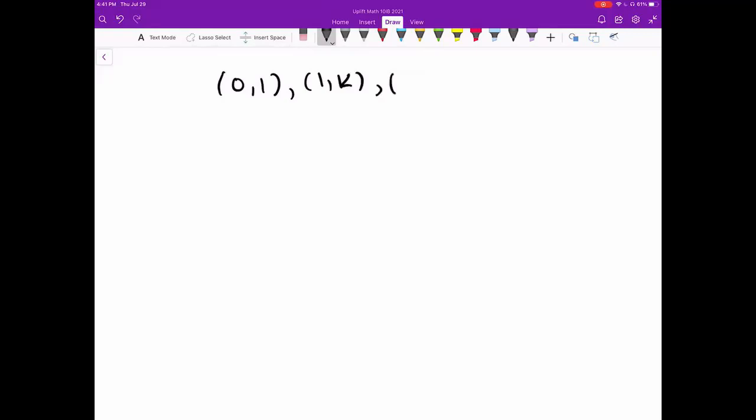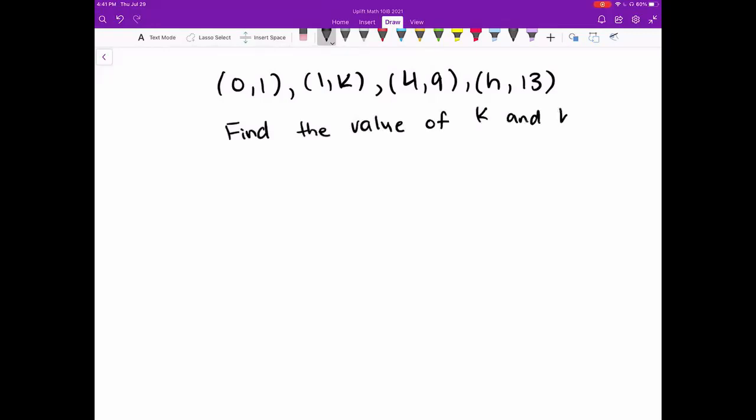So we have all these points and they're all collinear. Sure, let's try to do this efficiently. Okay, so we know 2 points that don't contain variables.